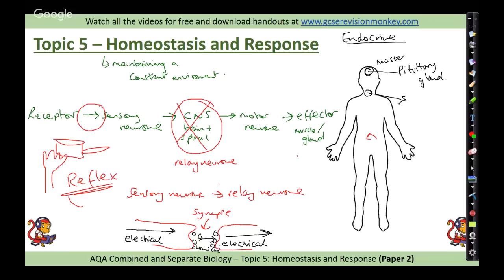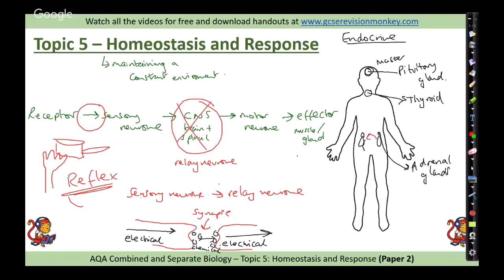It's responsible for metabolism, and it is the thyroid gland. Just on top of your kidneys, you have the adrenal glands. It's where adrenaline is produced.